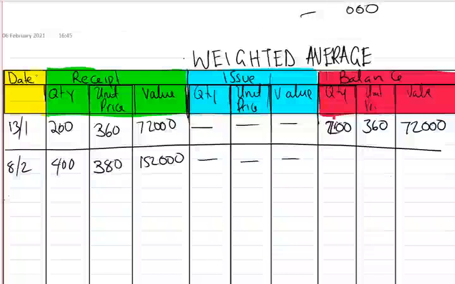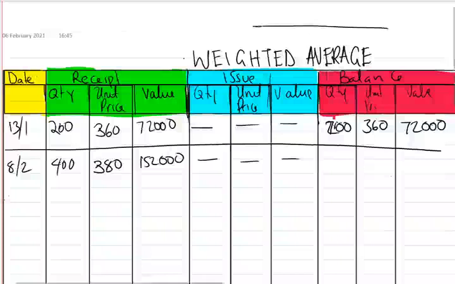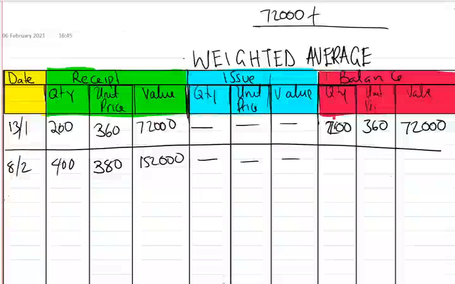The value of quantity in stock right now is 72,000 plus the value of the new receipt, 152,000, over the number of units in the stores right now, 200, plus the new receipt, 400. When we divide, we should find the new weighted average.